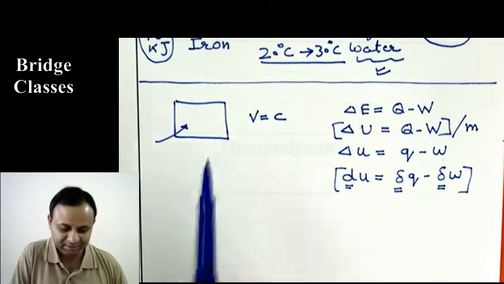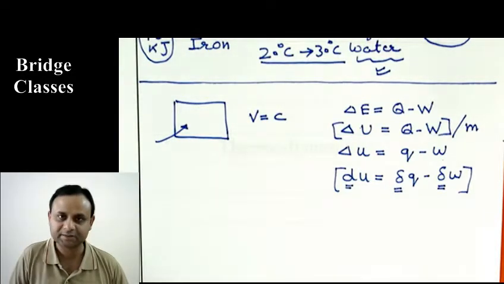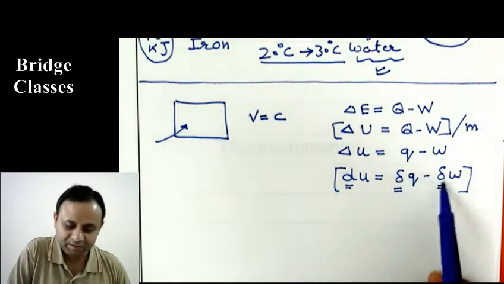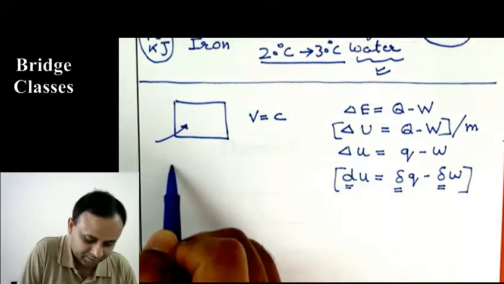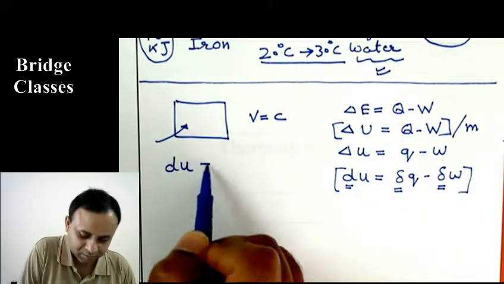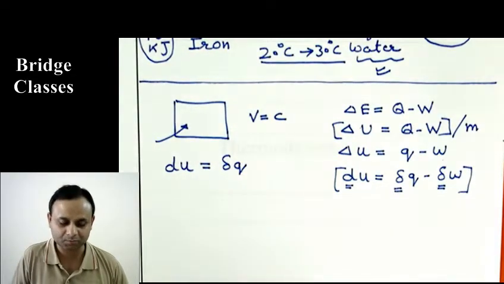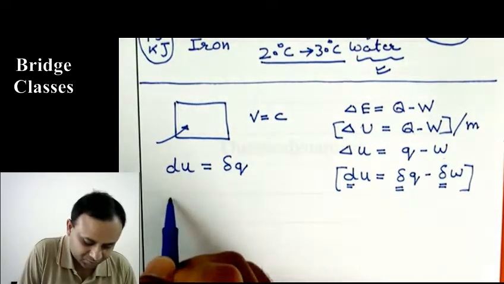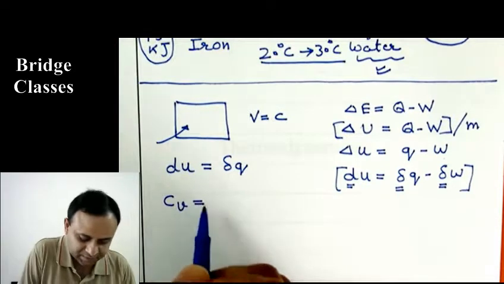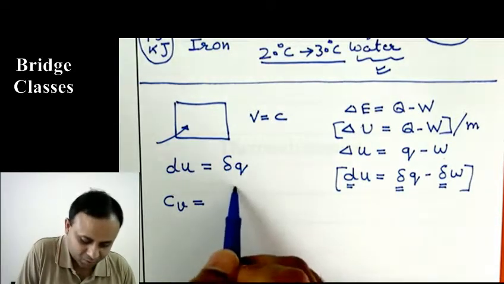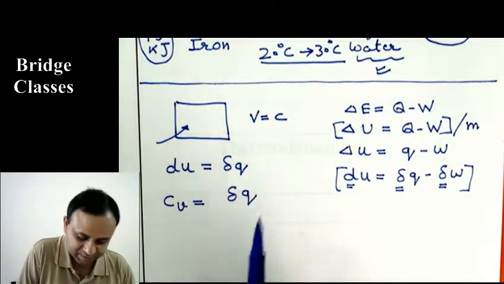And if we apply this law for a constant volume heat addition process, this work term will be 0. So you will get du equals delta Q, if it is a constant volume process. And see how CV is defined. CV is defined as the amount of heat transfer per unit mass.